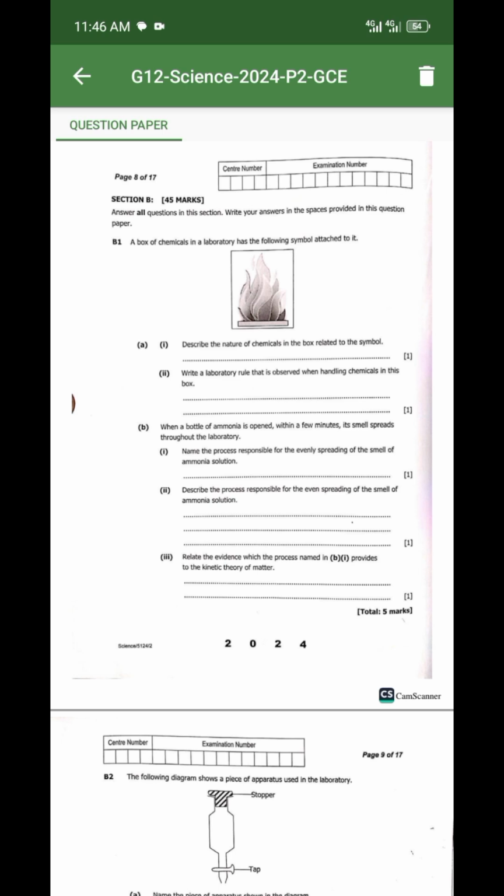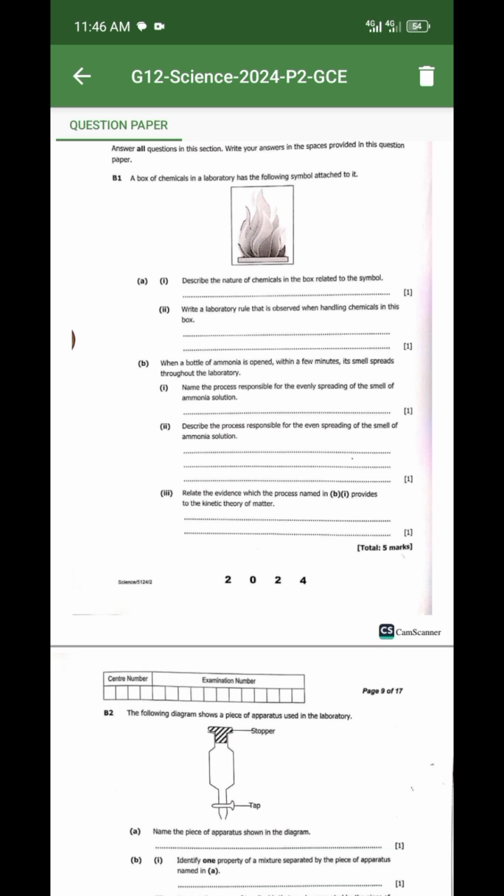The first and most important precaution is that one must not put these chemicals near fire or in direct sunlight, because the chemicals inside the box are highly flammable, meaning they can cause fire. So we start with question A1.